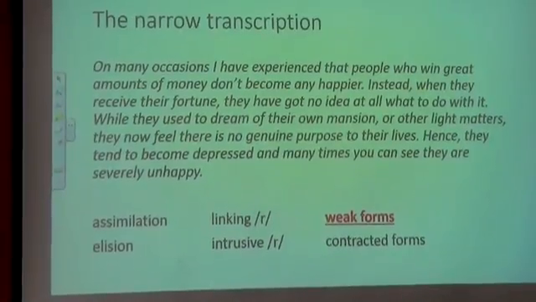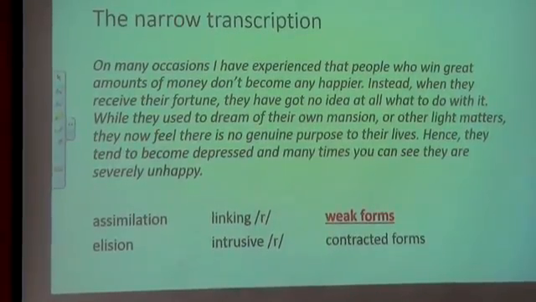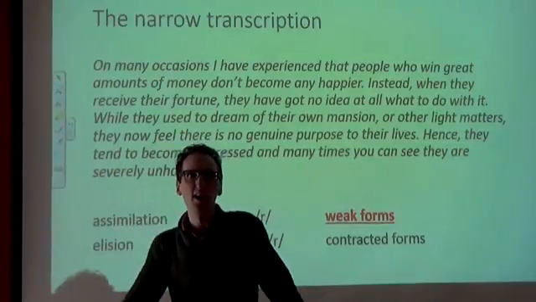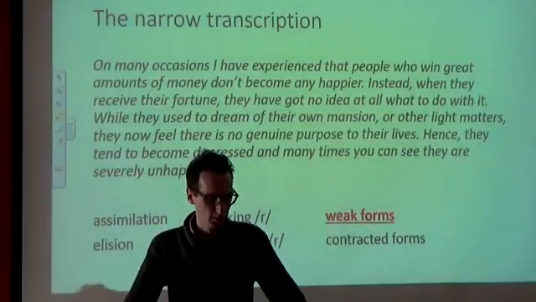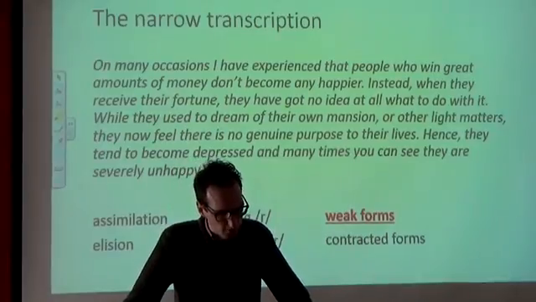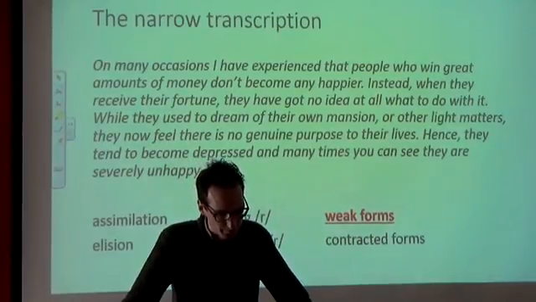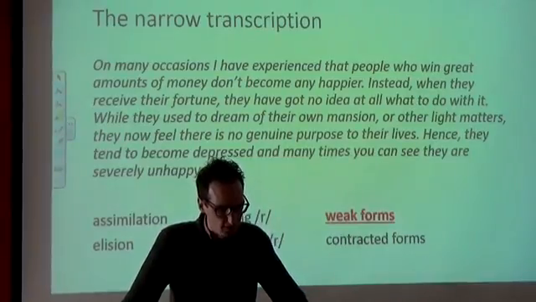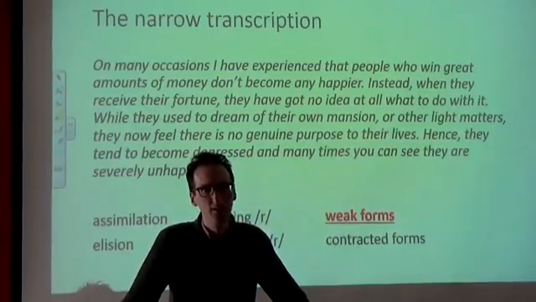Okay. So people ask me, what's the difference between linking R and intrusive R? Let's have a look at an example of a linking R. Third line from the bottom. They now feel there is.